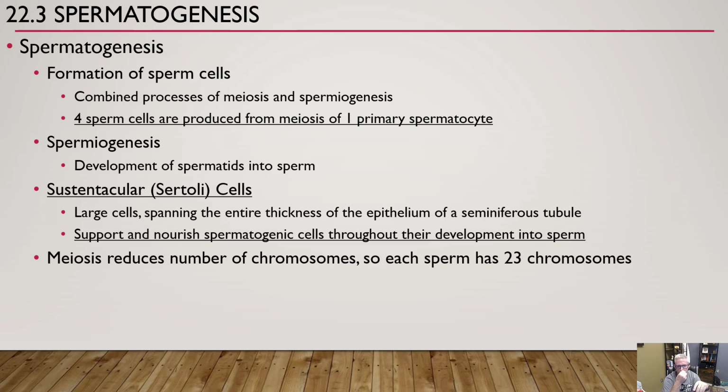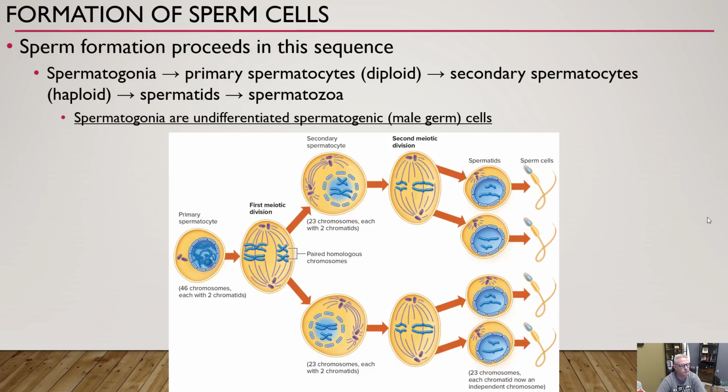And those are, just remember, large cells that are in the seminiferous tubules that support and nourish the spermatogenic cells through the development into the sperm. And remember that meiosis takes those chromosomes, so that each sperm has 23 chromosomes and 23 chromatids.